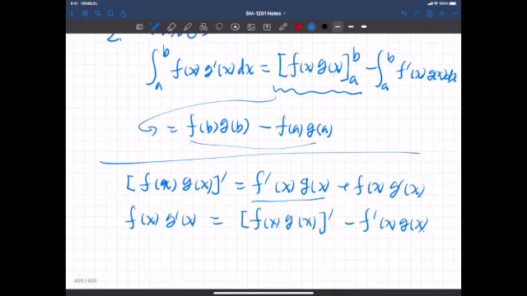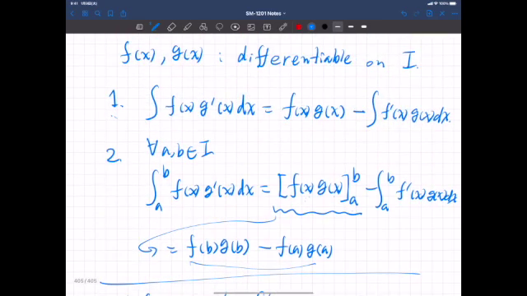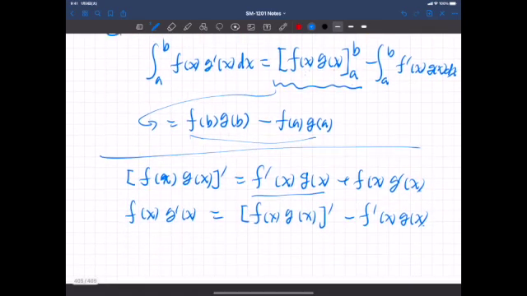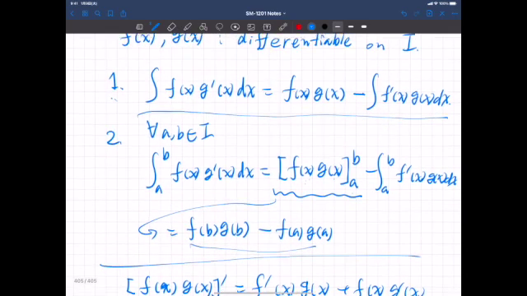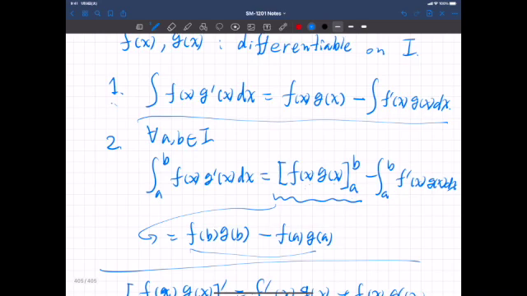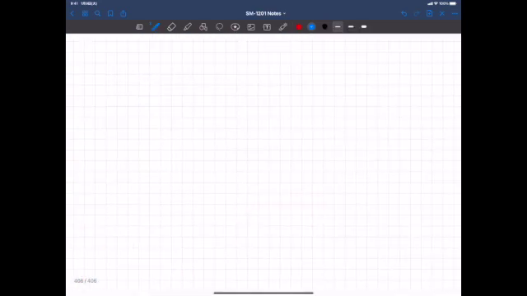Then we integrate both sides with respect to x, and we have this result, right? If we integrate, we just get f of x and g of x, and the integral of this and the integral of this. So it's done.